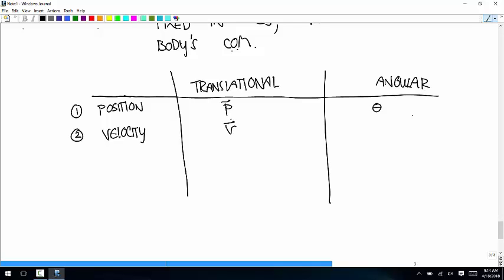Translational is the velocity vector v. Angular is omega. Third, acceleration. So that's the vector a, the translational acceleration. Angular is alpha.